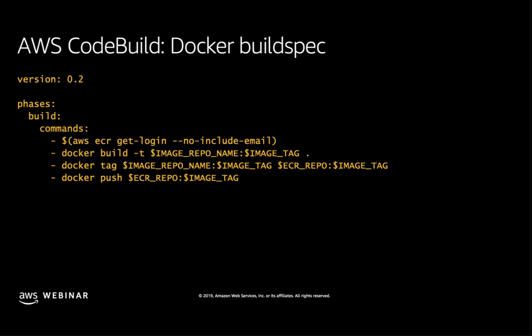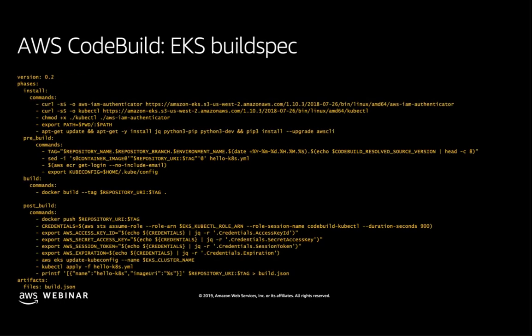Now, what if we want to deploy with EKS and build a container with EKS? As of right now, EKS isn't a supported target from CodePipeline natively. So what you can do is handle the deploy in CodeBuild. In this example, this is a buildspec.yaml file, and what we're doing here is downloading the IAM Authenticator and kubectl utilities, which allow us to talk to our EKS cluster.